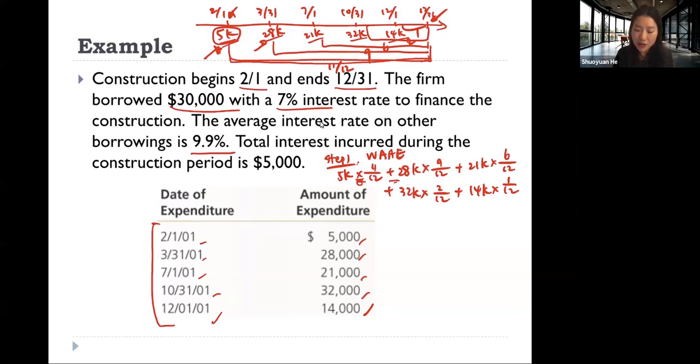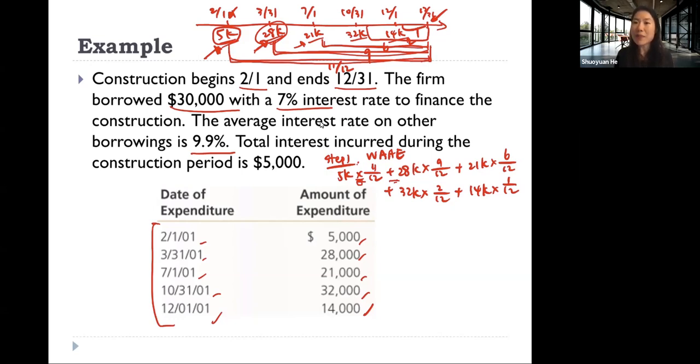The firm can just borrow it on March 31st, so the interest is only for 9 months. For the next one, the firm can come in on July 1st to borrow this 21,000, so the interest is only for 6 months.